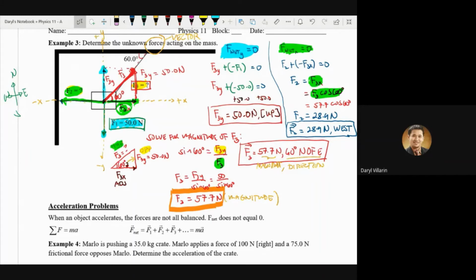So you still have to familiarize that. Again, you're just creating right triangles here. If we are talking about x and y components, always go back to your trig ratios. Again, because the x and the y will always be perpendicular to each other. Okay, the x and the y components are 90 degrees apart.